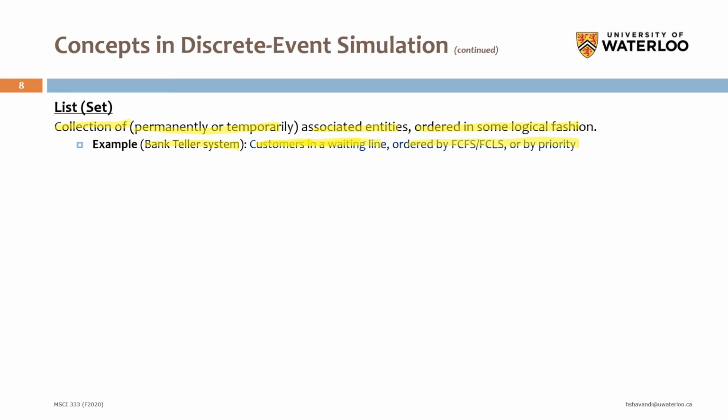But if we want to track the customers individually and see which customers waited for how long in the waiting line, then we need to define lists or sets for our simulation model. Okay.